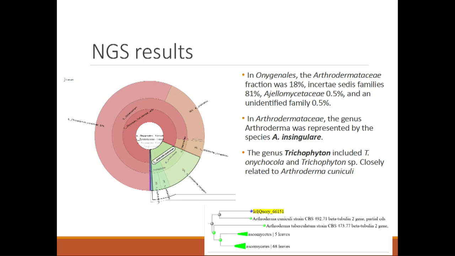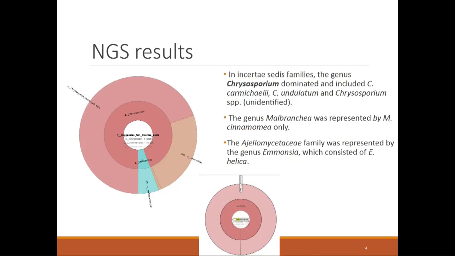If we take a look at Arthrodermataceae, we will see that it was presented by Arthroderma and Trichophyton genus, and the only identified species of Arthroderma was Arthroderma insingulare, and Trichophyton genus was presented by Trichophyton onychocola and an unidentified species of Trichophyton. It should be noted that this Trichophyton species was closely related to Arthroderma cuniculi, as it was verified by BLAST, and you can see it on this slide.